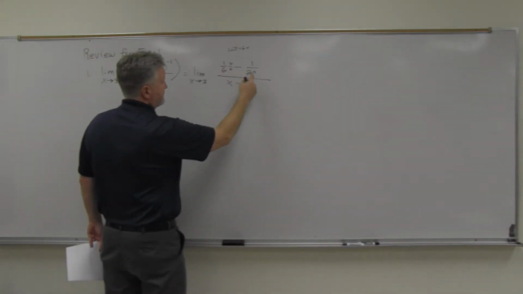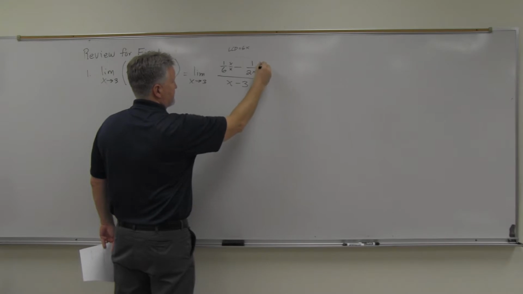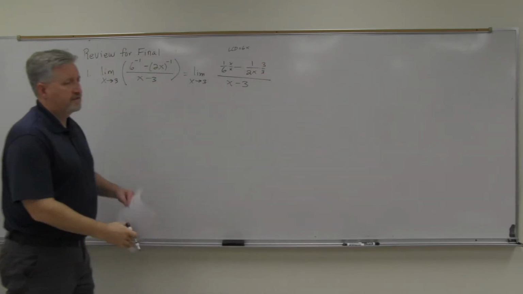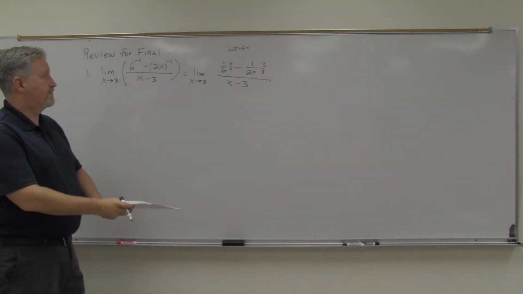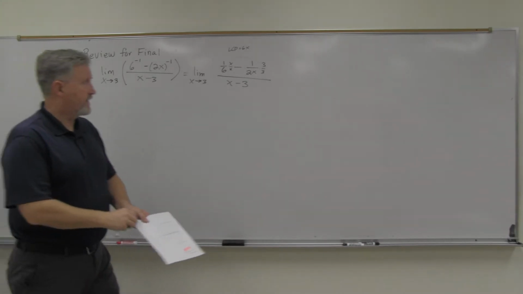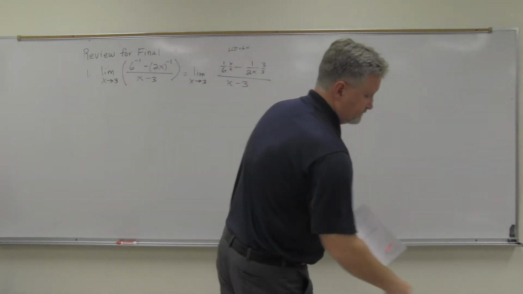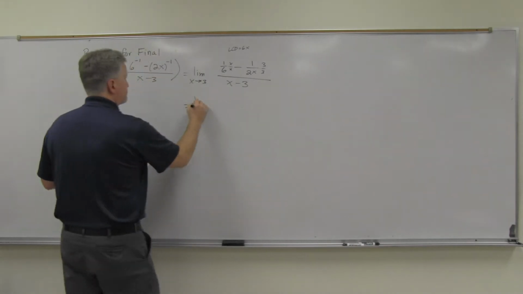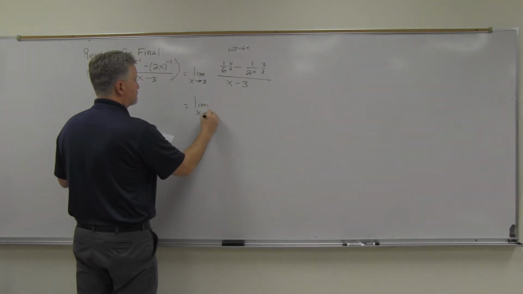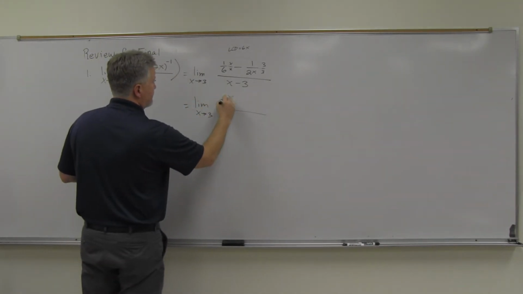Then this one, to make it 6x, I need to multiply by 3 in the denominator, so I multiply the numerator by 3 as well. And so that gets me common denominators.